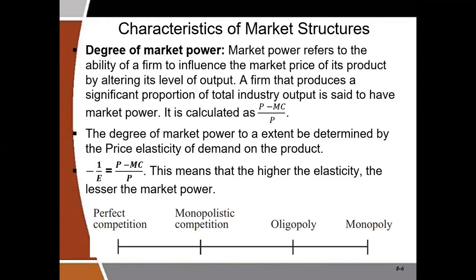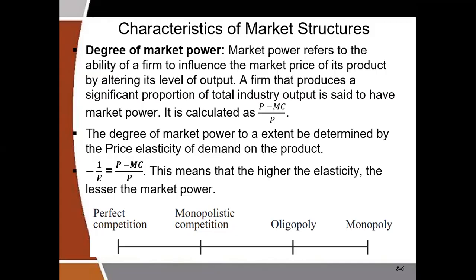Okay. Now, there is a measure that we use to measure the degree of market power. So if you remember our markup versus margin, anytime we are adding a certain percentage to our costs to set prices, we call it markup. Anytime we add a percentage of our cost to our cost to set prices, we call it markup pricing.